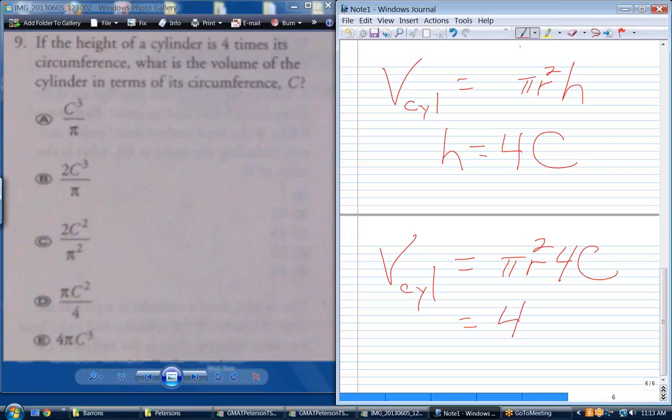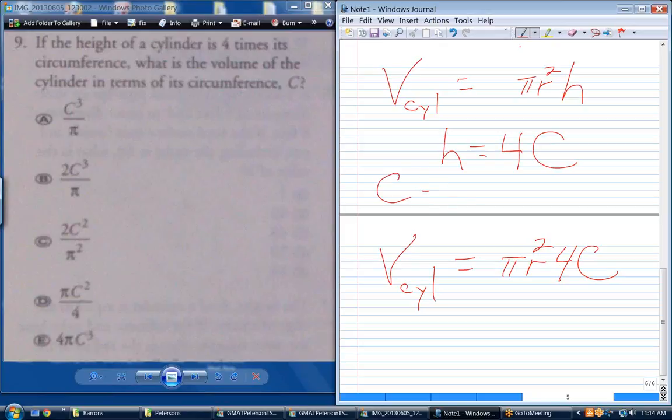And that answer is 4 pi. What am I missing here? Notice that none of these answers have R in them, so we need to substitute for R. What is R equal to in terms of circumference?